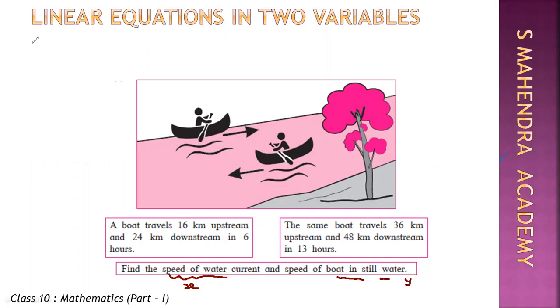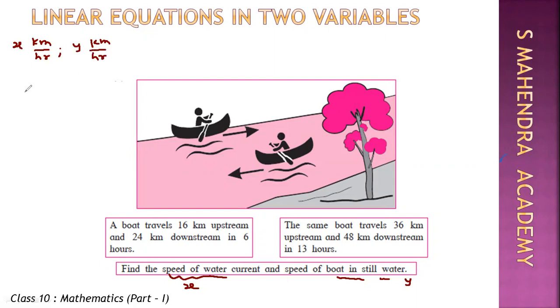So the speed of water current is assumed as x kilometer per hour, and the speed of boat in still water is assumed as y kilometer per hour.